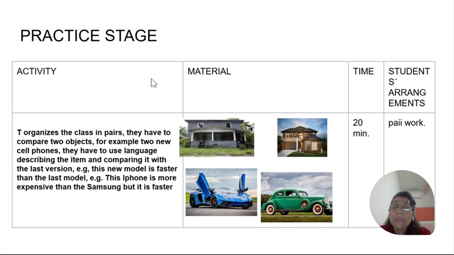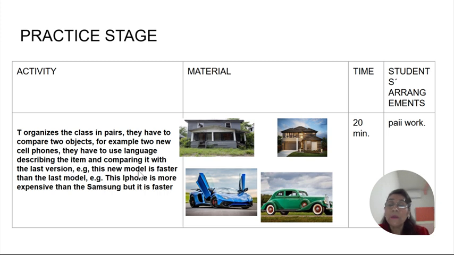Then in the practice stage, the teacher organizes the class in pairs. They have to compare two objects, for example, these two houses or these two cars, and they have to come up with adjectives. In case they don't know the adjectives, they can ask or look for them on their cell phone. So they have to use language describing the item and comparing it with the last version.